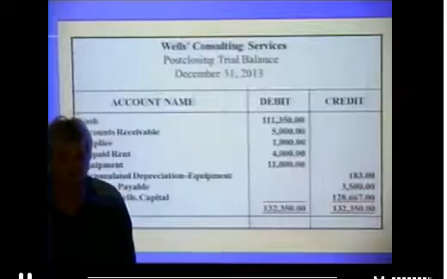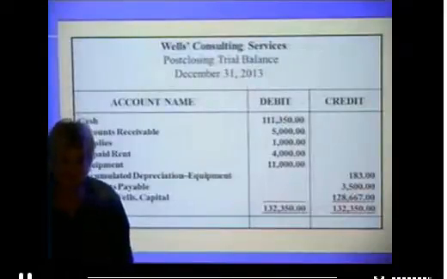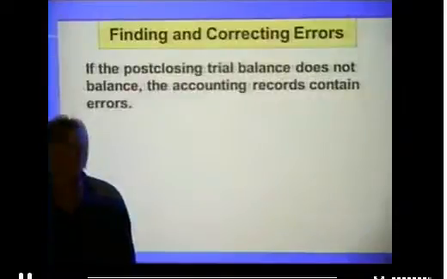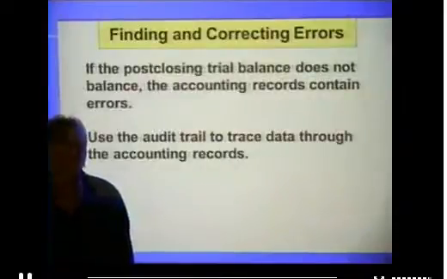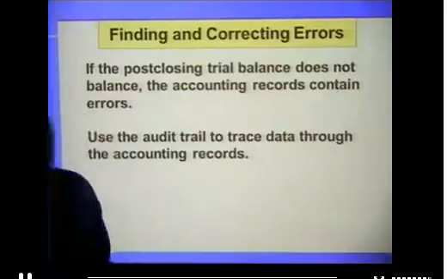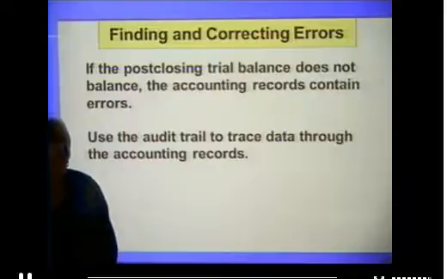So there you go. If your post-closing trial balance balances, and you've shown that you've got all those zero balances, you should be okay. If the trial balance doesn't balance, you have to go back and find the errors, but it should balance.